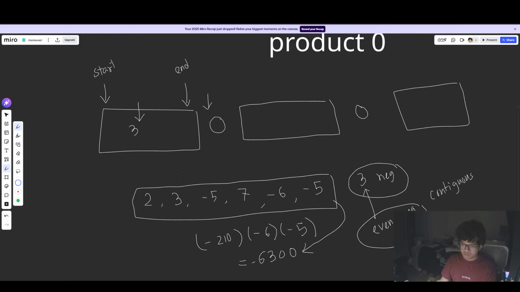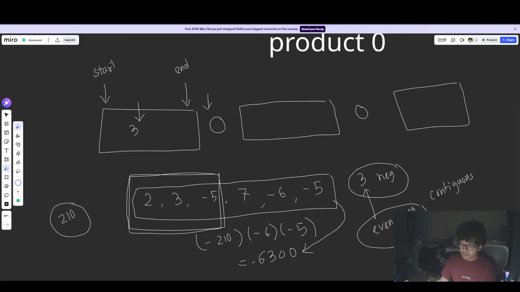The two options are either we get rid of the first portion so that the number of negative numbers becomes even. If we get rid of that portion, the total product becomes 210, positive.